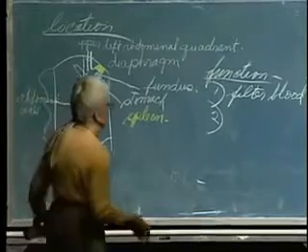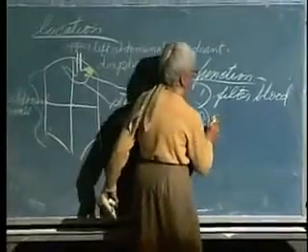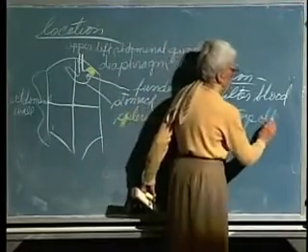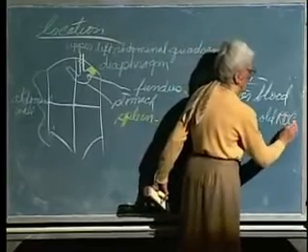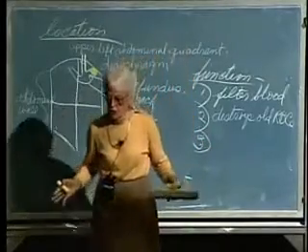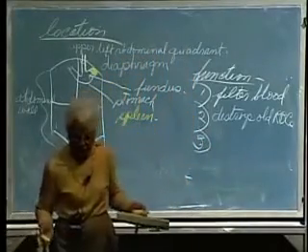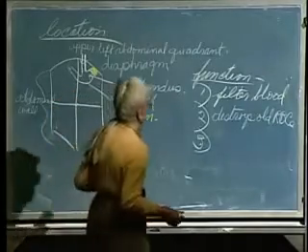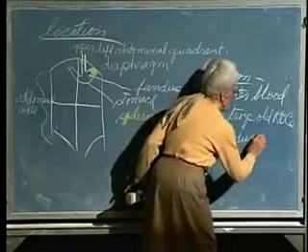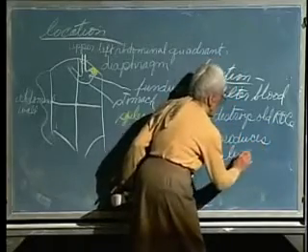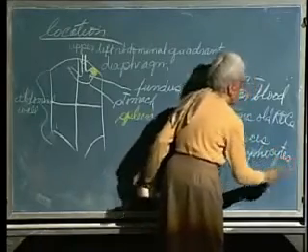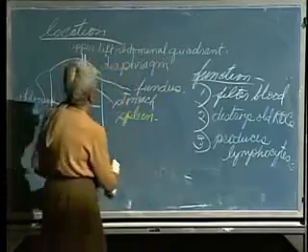So it destroys old RBCs. And it's the largest mass of lymphatic tissue in the body, so it's producing lymphocytes. So how is it built then to carry out these functions?